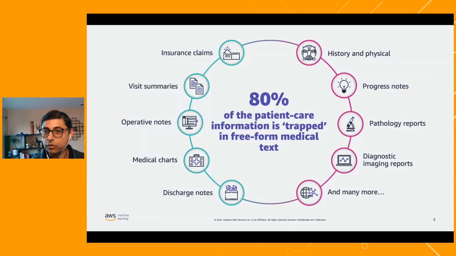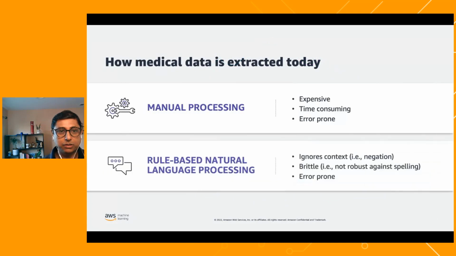Now, if you can untap and get this data out, there's a lot of data that can be used for training machine learning models. With all of this data being trapped, it's difficult to extract insights, and expensive and time-consuming to use specialists and traditional tools.